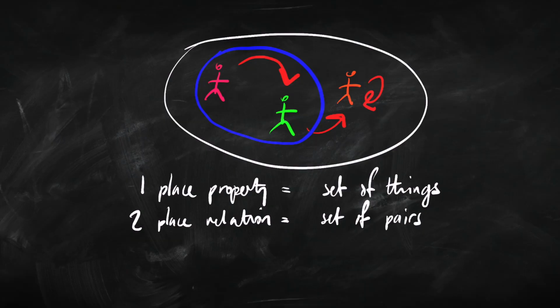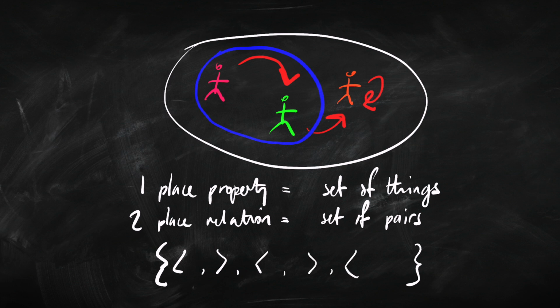We would write that down like this. We use these curly brackets to say it's a set of things, and we're going to have three ordered pairs in there: Anna liking Beck, Beck liking Kath, and Kath liking herself. Those three pairs make up the interpretation of the predicate liking, a two-place relation.